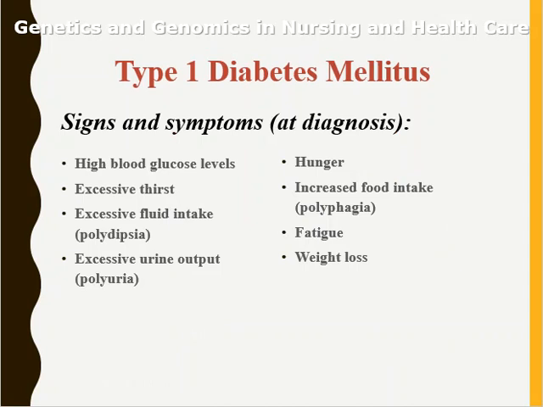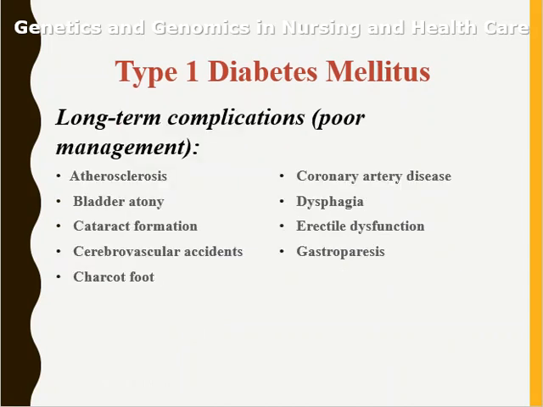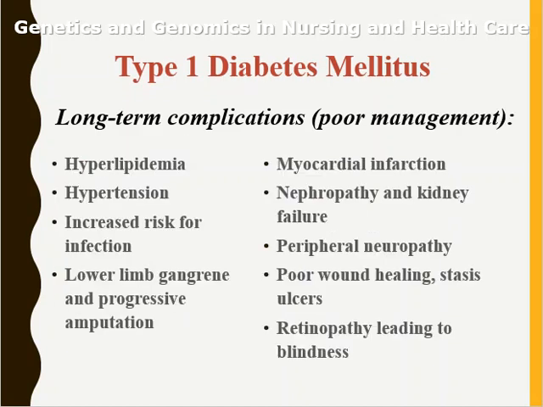You're all familiar with the signs and symptoms of type 1 diabetes. Here they are for you to review. And long-term complications, we're all aware of diabetes leading to atherosclerosis, heart disease, CVA, high blood pressure, coronary artery disease, gastroparesis. Again, long-term complications from poor management.